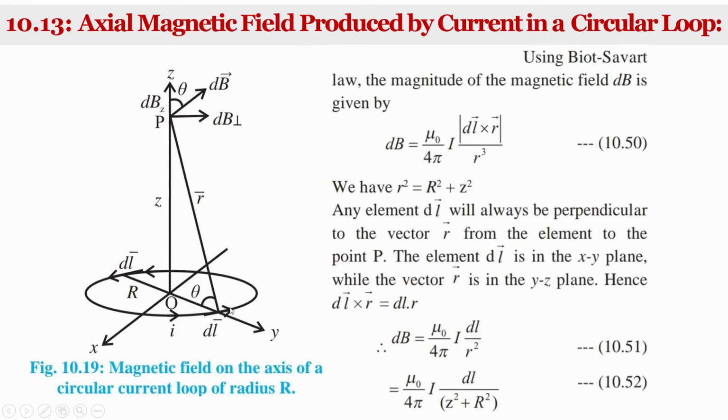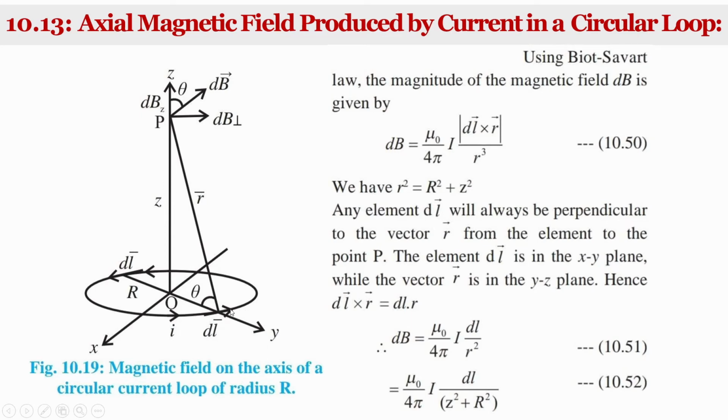an element dl. So this wire is divided into small elements, each having length dl. In that case we can find the magnetic field at point P. This point P is situated at a distance r from the element of length dl.